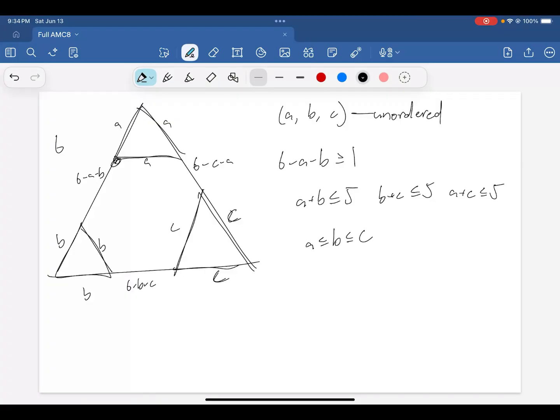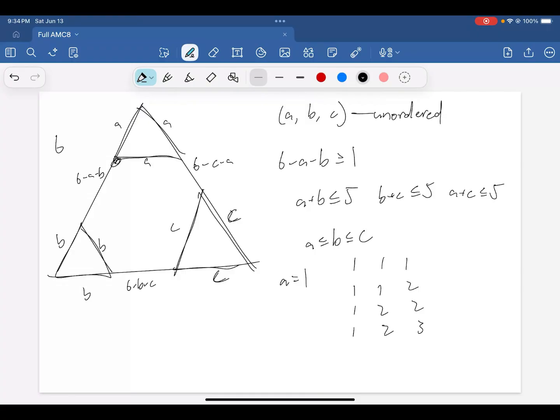Let's just say casework A equals 1. Let's list a bunch of these down. So we have 1, 1, 1, 2, 1, 1, 2, 2, 1, 2, 3. For each of these, we have to make sure that they actually work.